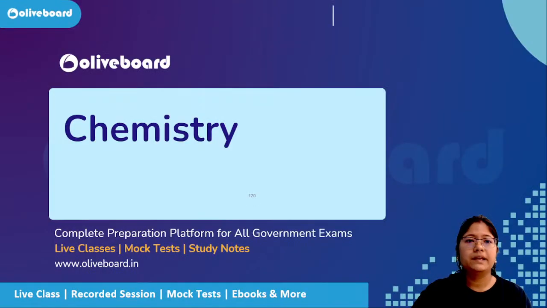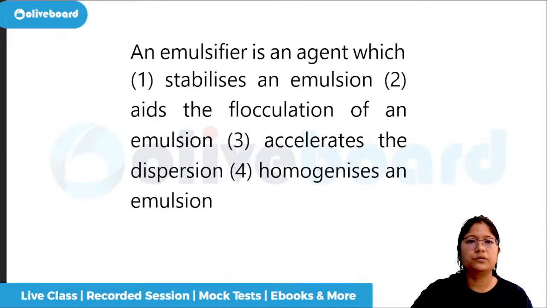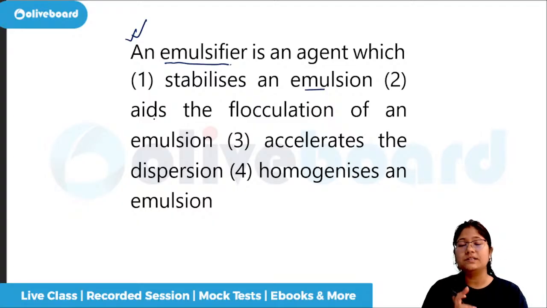All right. Next question. An emulsifier is an agent which, what is an emulsifier? It is an agent which stabilizes an emulsion. From which topic is this? It is from the topic where we study solid, solid, liquid, and what happens in different stages.